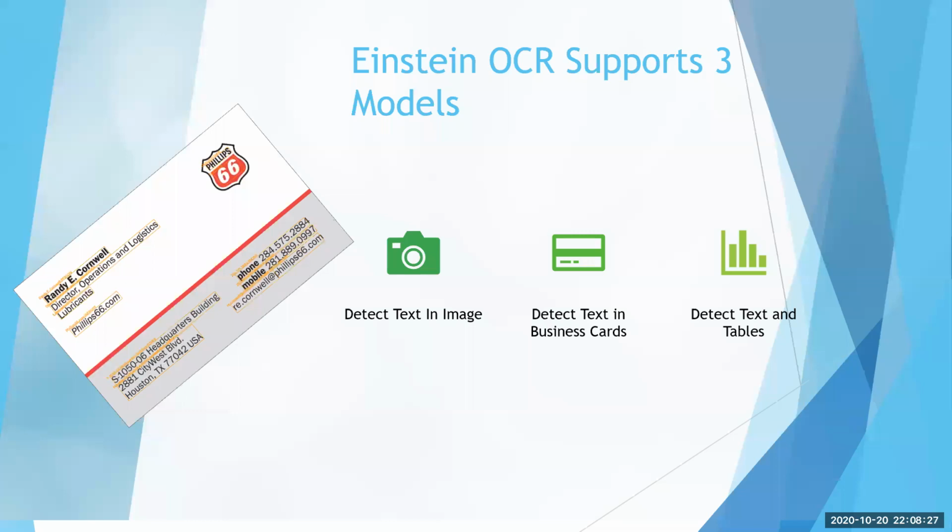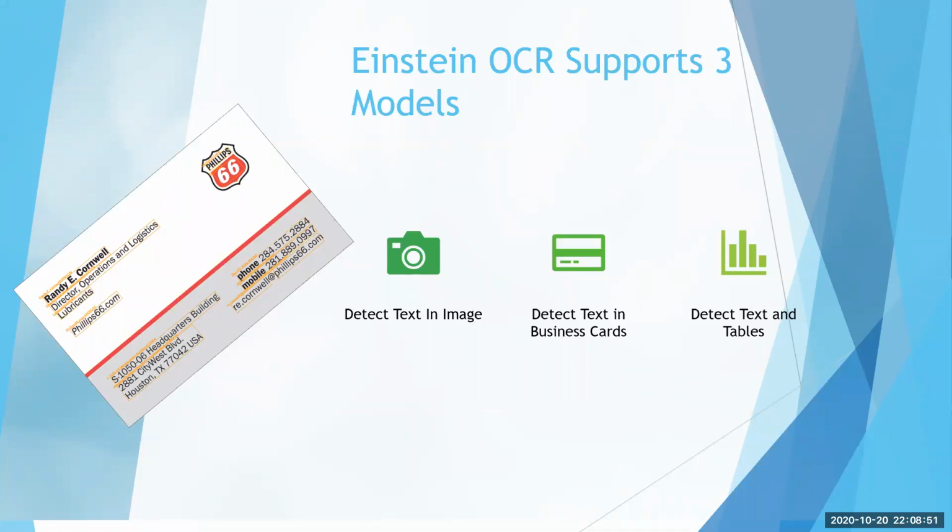There are three types of OCR models. The first model is used for detection of plain text in an image. The second one is to detect text in business cards. The third one is to detect text in tables. For the second example, we can see a business card here, which has a boundary for each and every word.